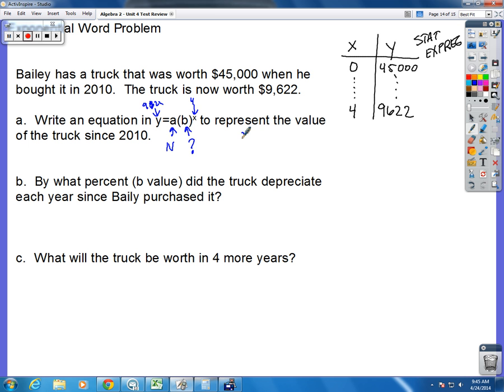So if I plug in everything I know, 9,622 equals 45,000 times b to the 4th. I can solve this for b. I would divide by 45,000. Now this is a rounded answer, so you don't want to delete it from your calculator. You want to leave it in there.